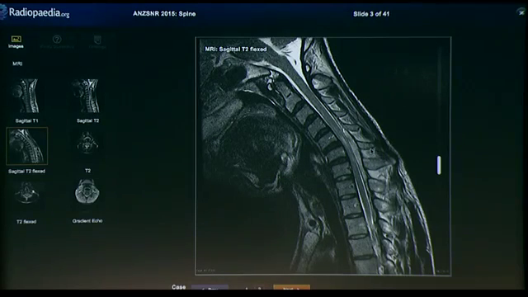If you give contrast, in fact, this will enhance vividly. And what this anterior migration of the dura does is it compresses the cord up against the back of the spinal column and causes compression, and that's the source of the atrophy and myelopathy.